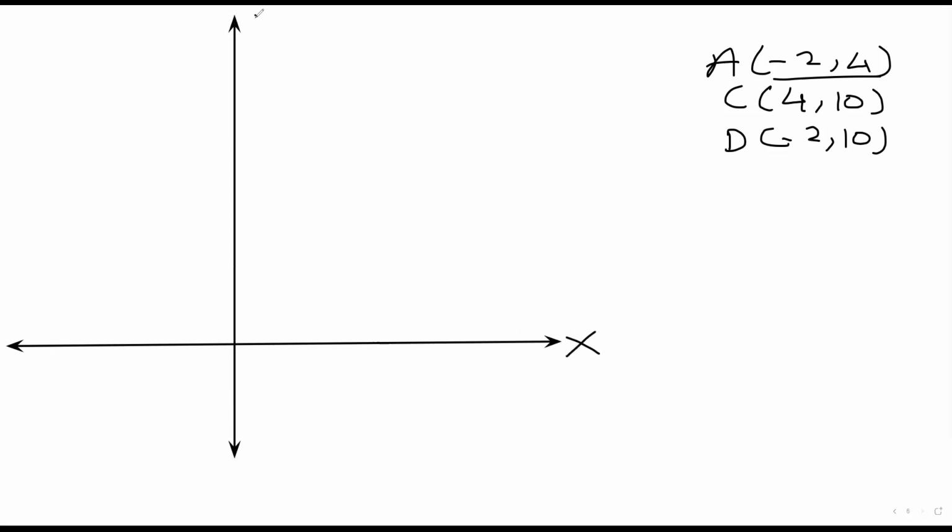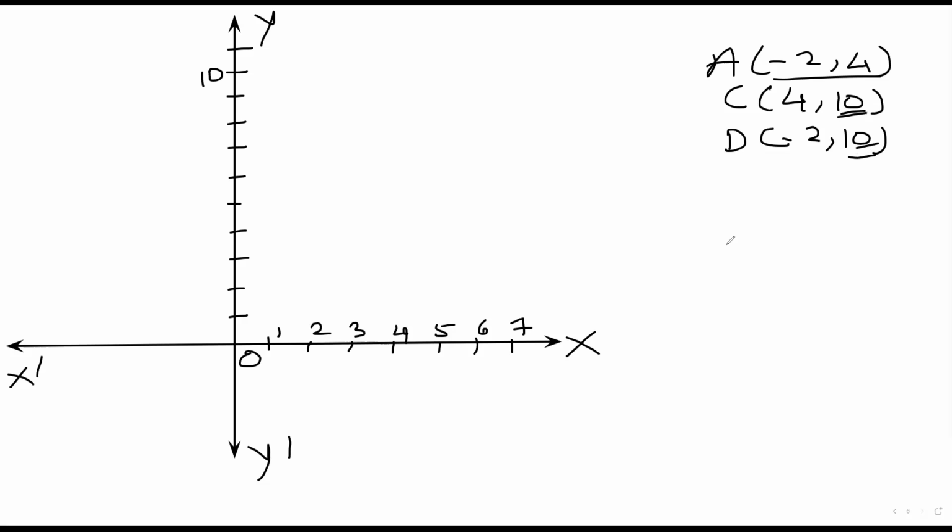So x, y, y dash, x dash. This is 0, origin. This is 1, 2, 3, 4, 5, 6, 7. Okay. 1, 2, 3, up to 11, because we have 10 here. Just be careful. And here you have -1, -2, -3, -4, -5, -6. That's all.